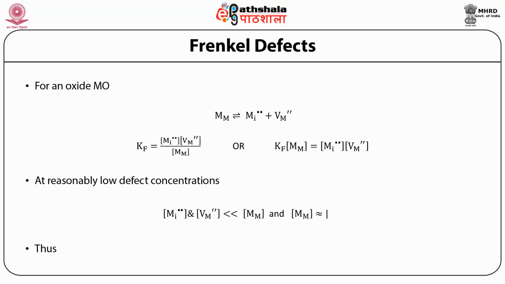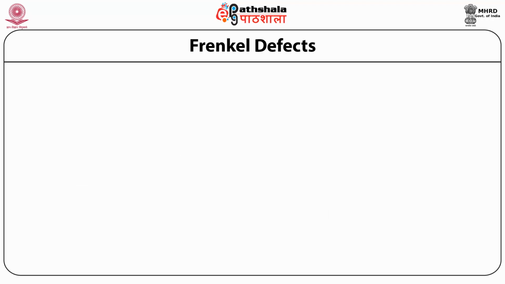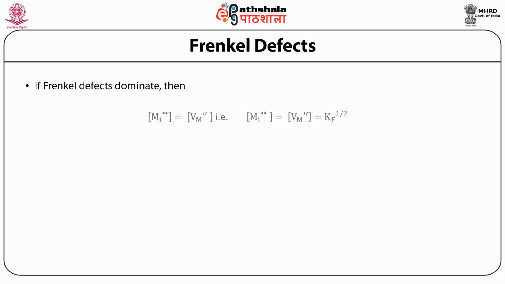Then the equation becomes [Mi double dot] into [VM double prime] equal to Kf. If Frenkel defects dominate, then [Mi double dot] is equal to [VM double prime], which comes out to be Kf to the power 1 by 2.